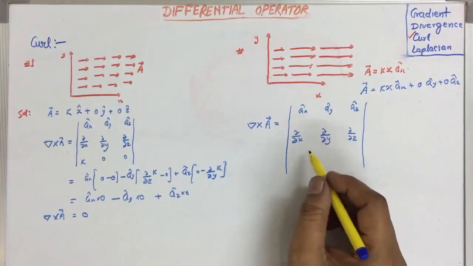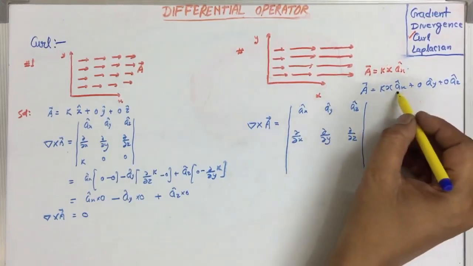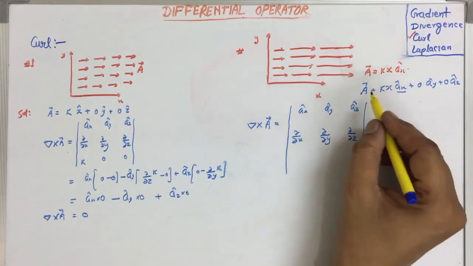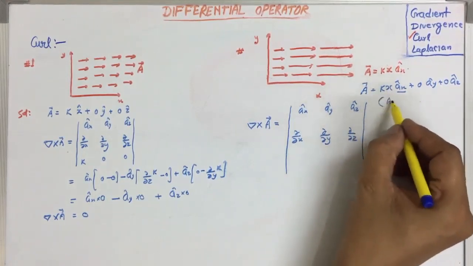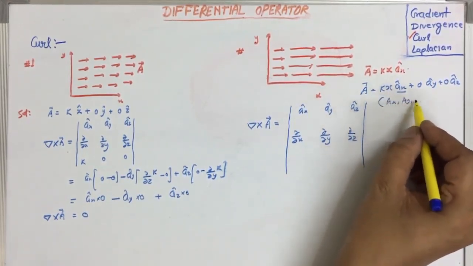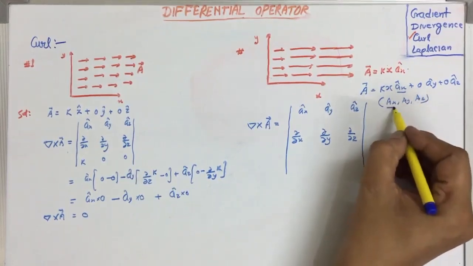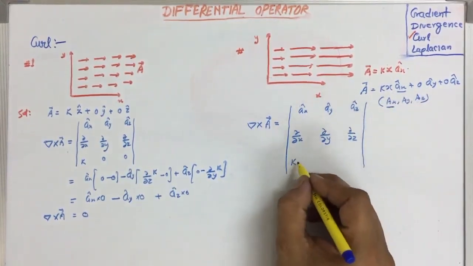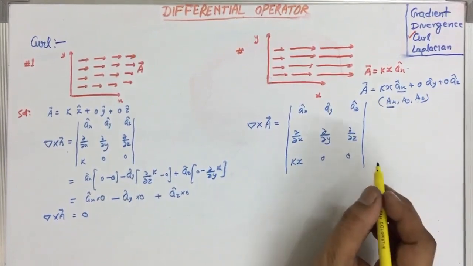Here we have to write the components: this will be kx, here 0, here 0.